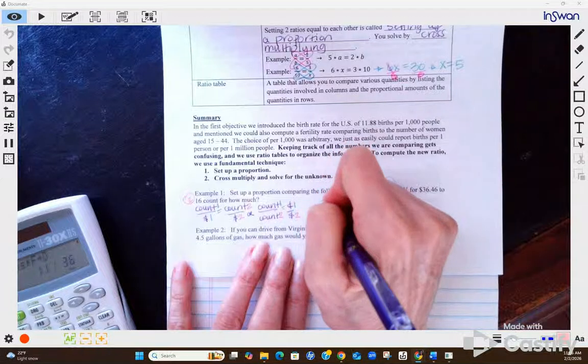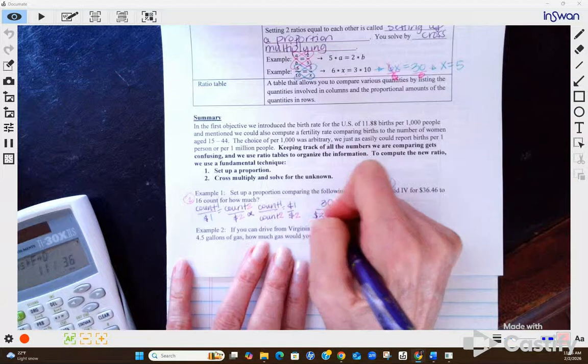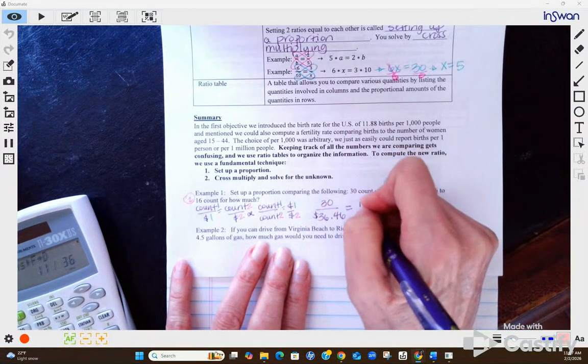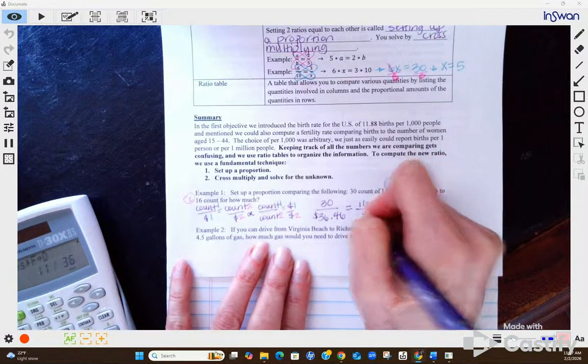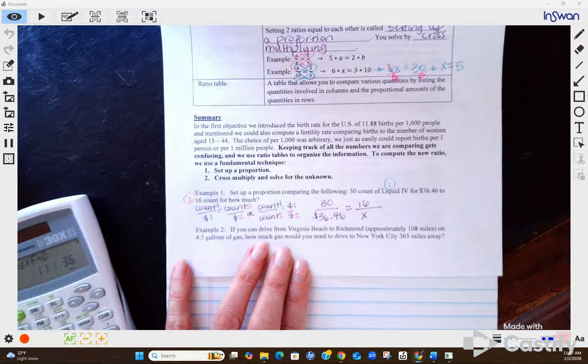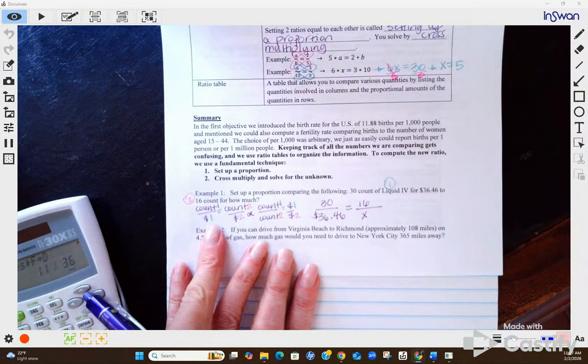So I'm going to do 30 liquid IV over $36.46 is equal to 16 liquid IV over how much. X is just how much am I going to have to pay for that if this proportion holds true. So here's my proportion, which is me setting it up this way.